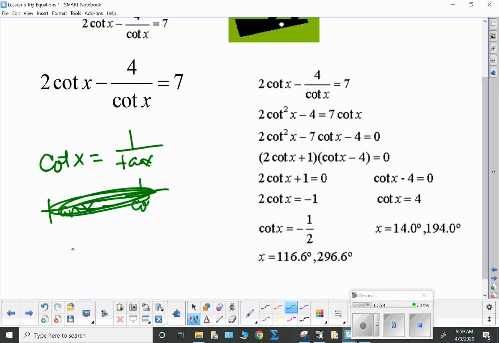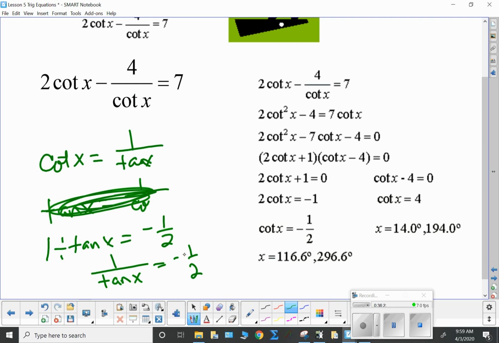So, I'm going to get 1 divided by tangent x is equal to -1/2, right? Go from there to figure out how you're going to put this into the calculator. You're going to have to use the inverse tangent. How would you do that? All right. 1 over tangent x is equal to -1 over 2.